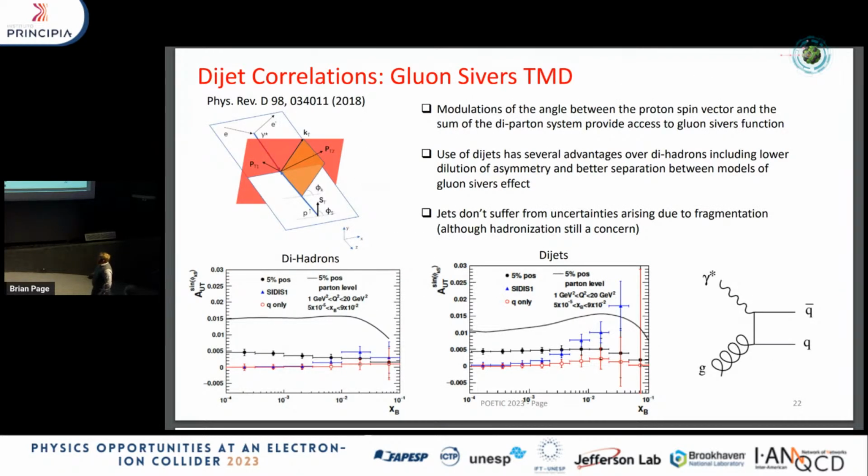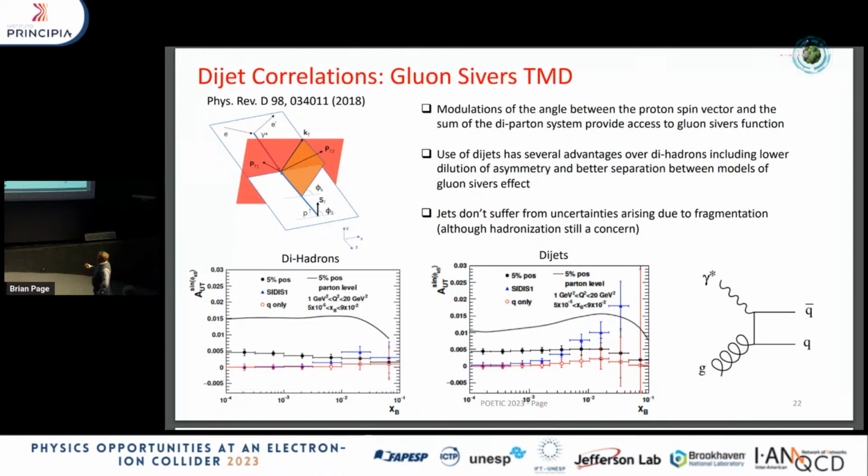We can also look at the gluon Sivers TMD by looking at, again, these dijet correlations. So again, this photon gluon fusion process gives us access to the initial state gluon. So again, we look at modulations of the angle between the spin of the proton and the dijet system here.